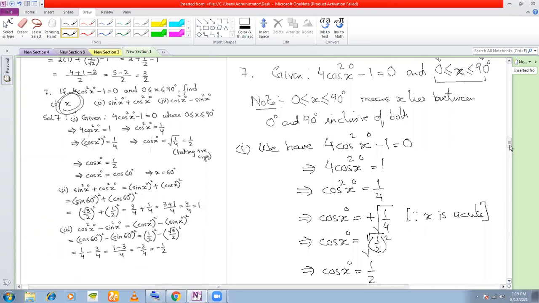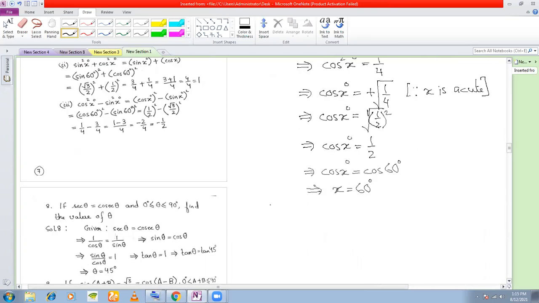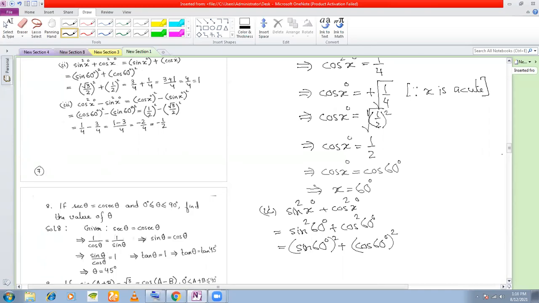Next question is find the value of sine square x degree plus cos square x degree. Put the value: sine square 60 degree plus cos square 60 degree. Sine 60 degree whole square plus cos 60 degree whole square.